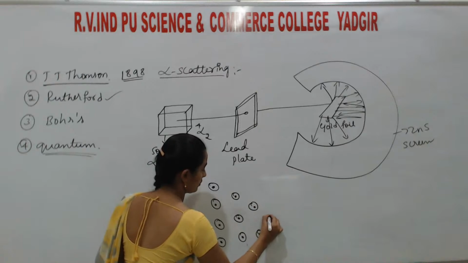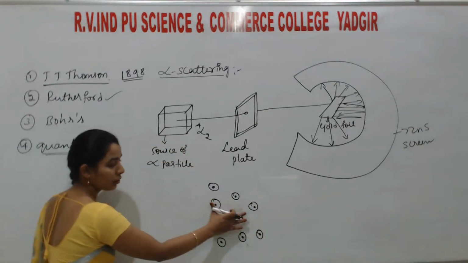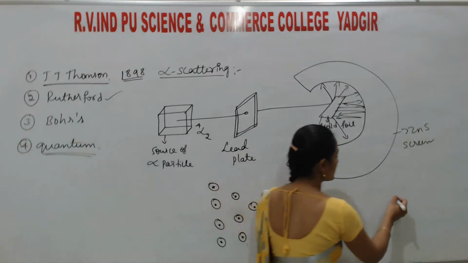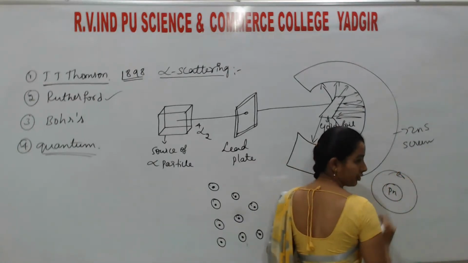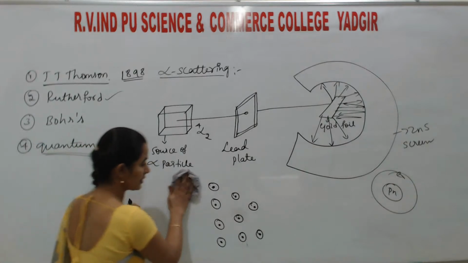Okay, so students, this is the gold foil. Of course, gold consists of protons, neutrons, and electrons. Here, this is the nucleus. Protons and neutrons are there, and these are the electrons. So I'll just rearrange this like this.